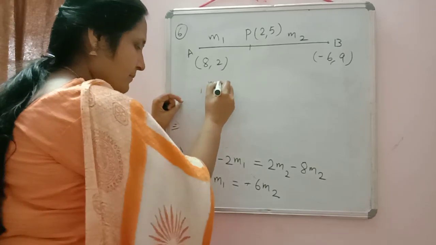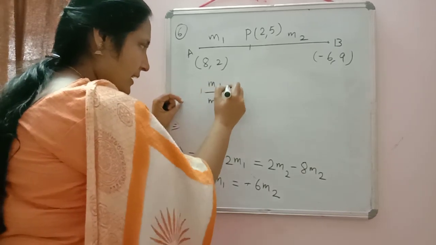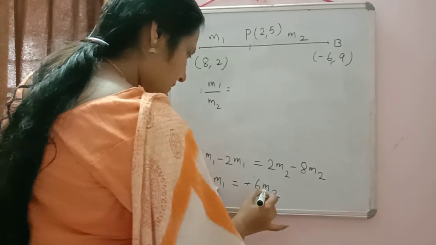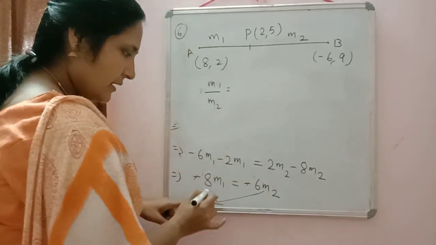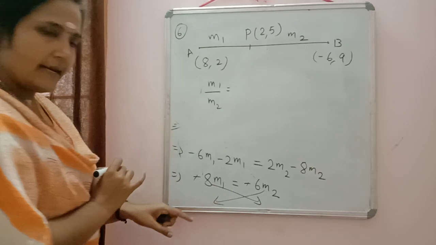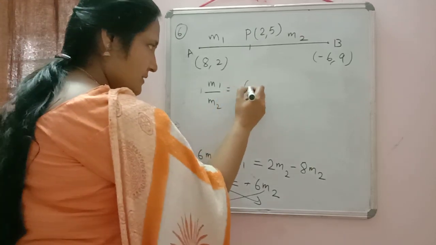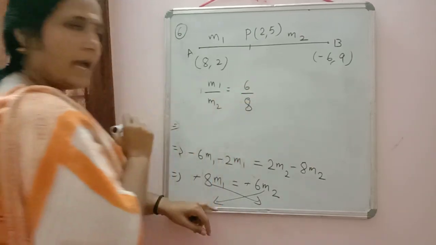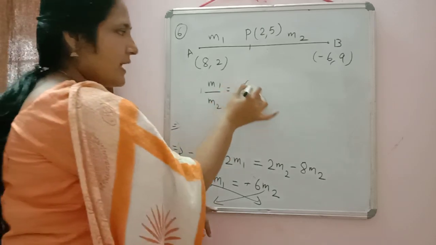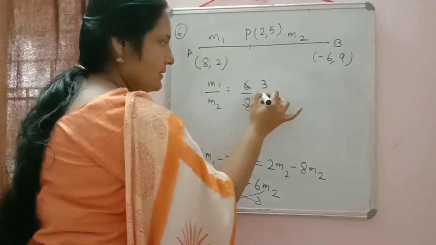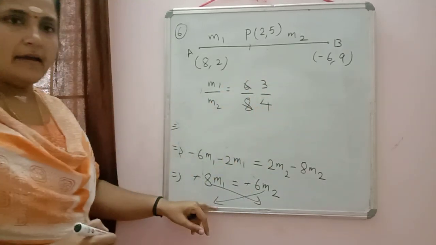So m1 by m2 is equal to 6 by 8. Cancelling by 2, it is equal to 3 by 4.